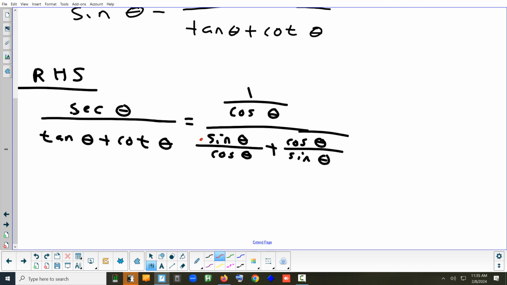The way we're going to do it is multiply the one on the left by sine over sine, and the one on the right by cosine over cosine. Sorry, I did that backwards. So the common denominator is sine times cosine. It's the product of the two denominators that you have.